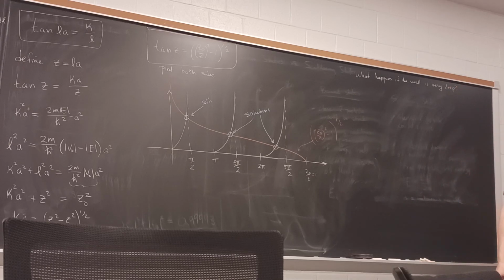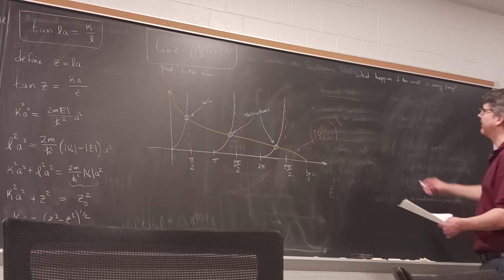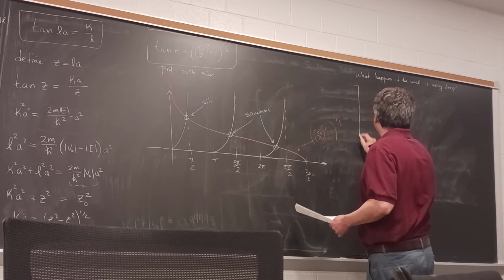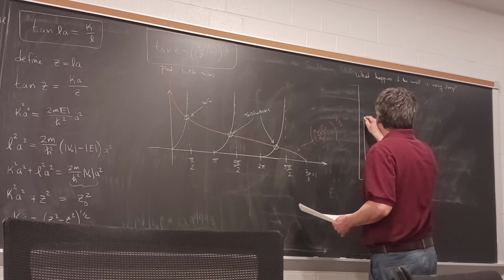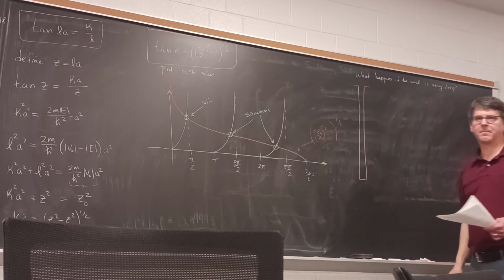What does this graph look like if the well is very deep? What kind of solutions do you expect? So now we're looking at the well. Suppose the well looks like this. So it should look like an infinite square well.